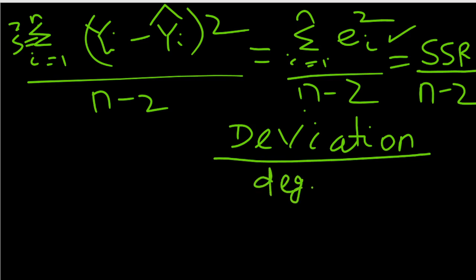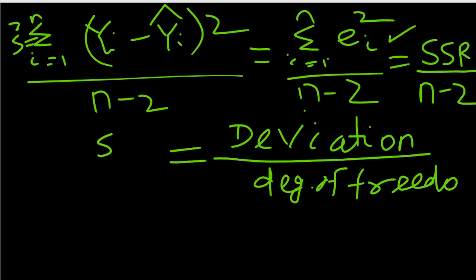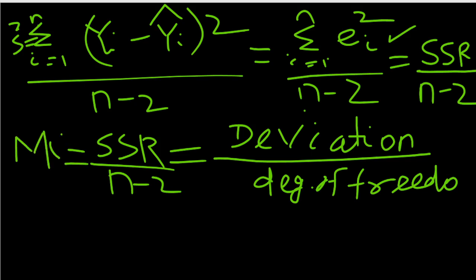The entire term, SSR divided by n minus 2, is equal to MSE, the mean square error.